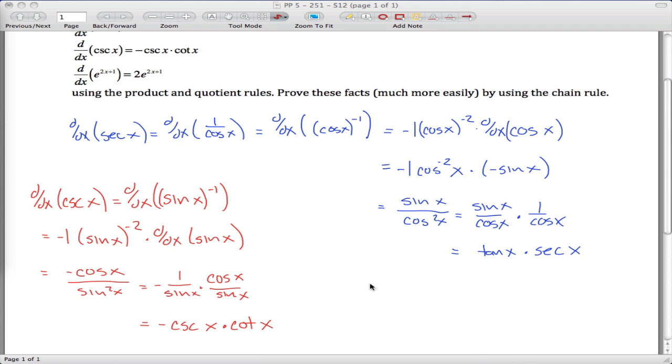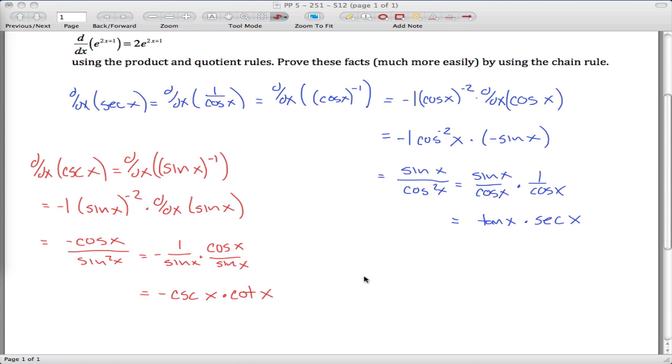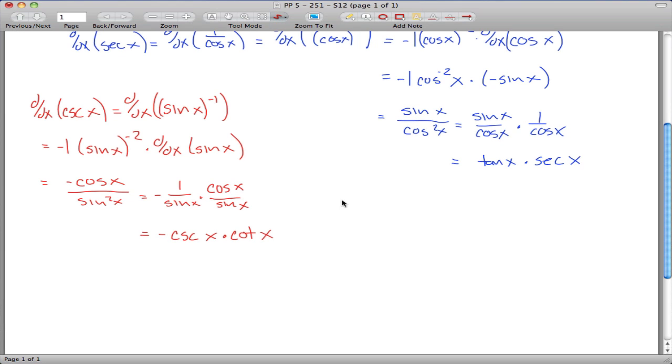Good. This last one, the derivative of 2e to the 2x plus 1. What we can first do is pull the 2 out in front and say this is 2 times the derivative of e to the 2x plus 1. And we can now take advantage of the chain rule.